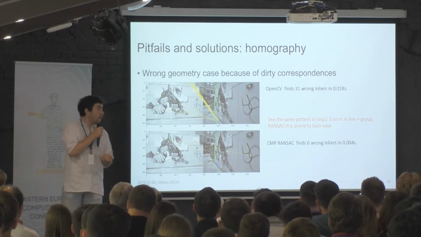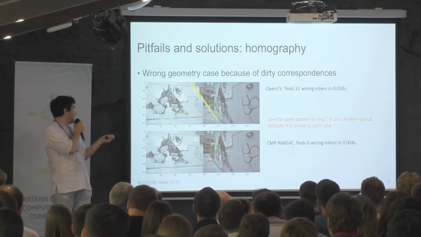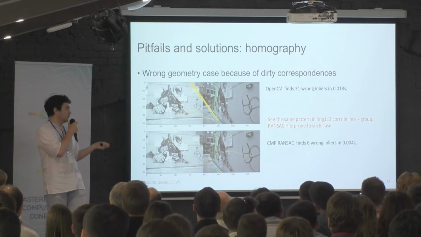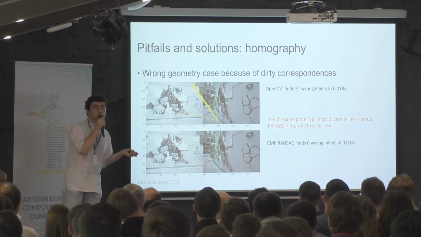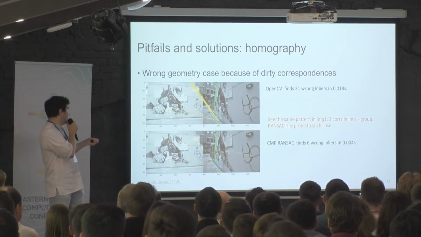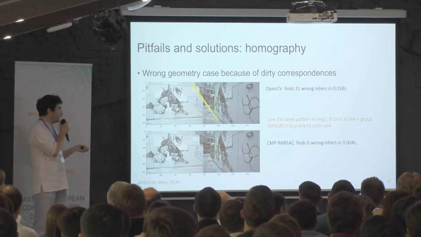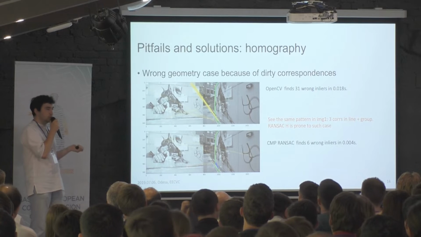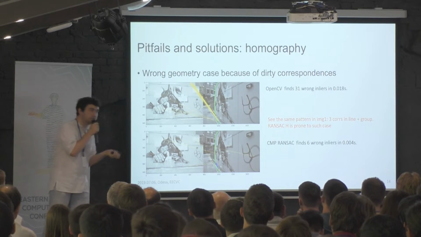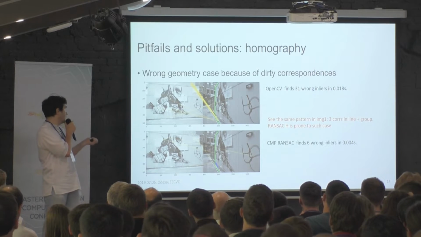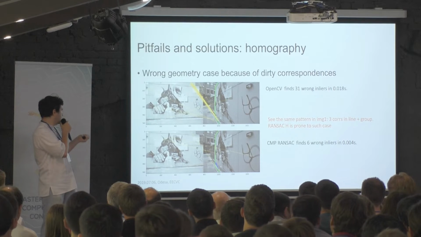Now let's try to do this. So we have OpenCV RANSAC for finding homography and our CMP RANSAC. CMP is the lab where I work. And you see this is very wrong. This is what you get with dirty correspondences out of the box, even with all this optimization, it doesn't work that well. Why? If you look, you can see here 1, 1, and 1.